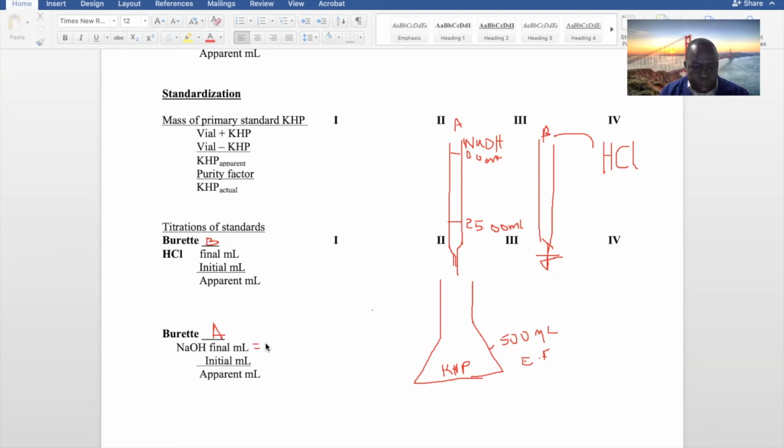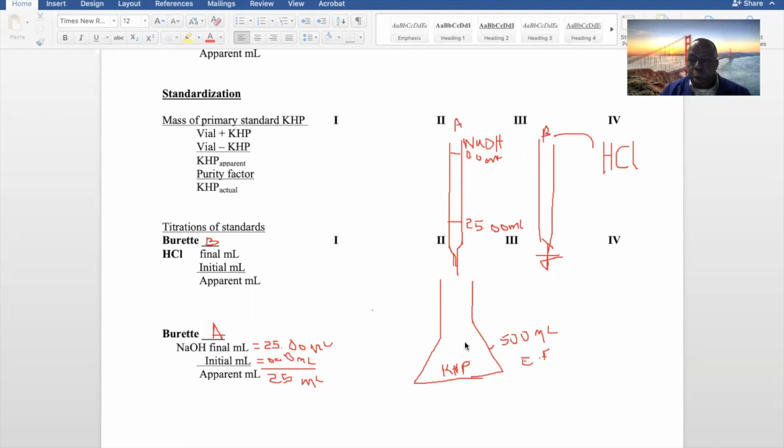Final here is 25.000 ml, and initial here is 0.00 ml. Of course, the apparent volume will be 25 ml. Now, understand that this is over titrated.